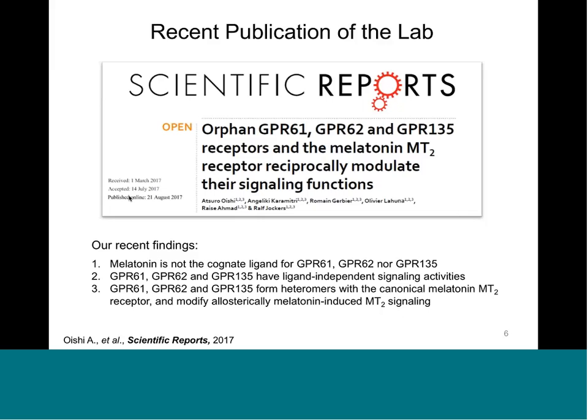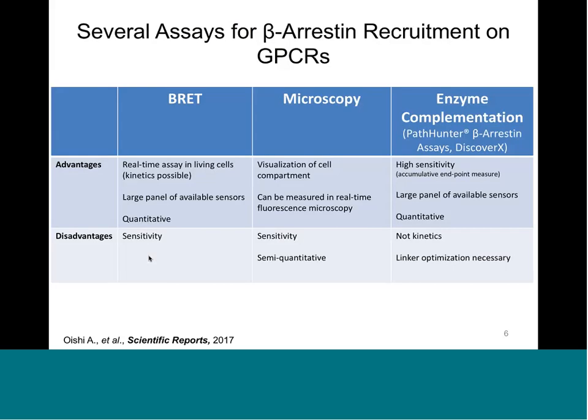These three orphans also form heteromers, and by doing so, allosterically modulate, particularly, the function of MT2. We will go into this in more detail later. Before doing so, I would like to introduce the different beta-arrestin recruitment assays for GPCRs.